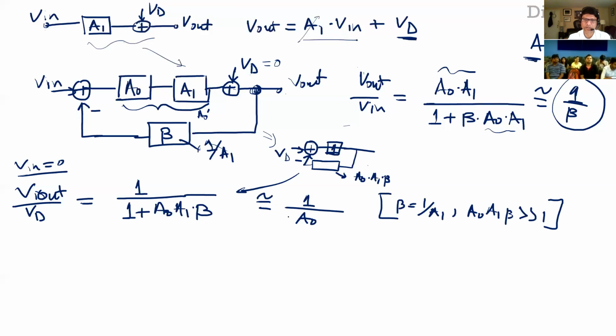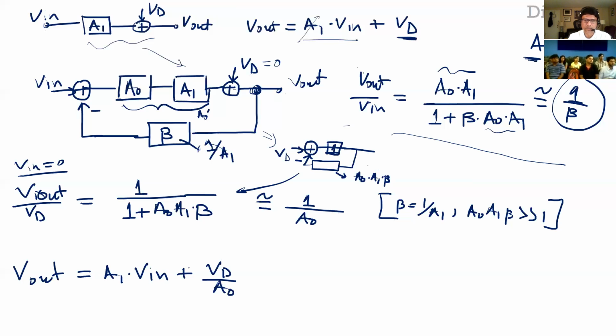So if you put these two conditions together, you get that. So by superposition now, if you look at your output, the input term with V in gives you 1 over beta, which is A1 times V in, plus VD over A naught, right?